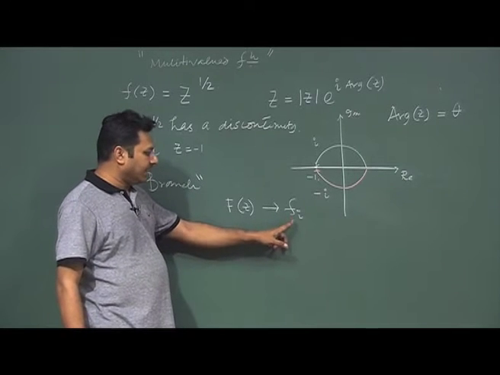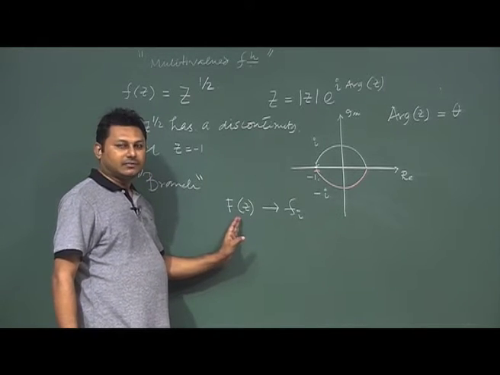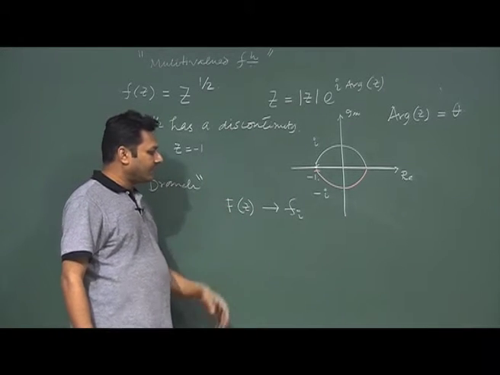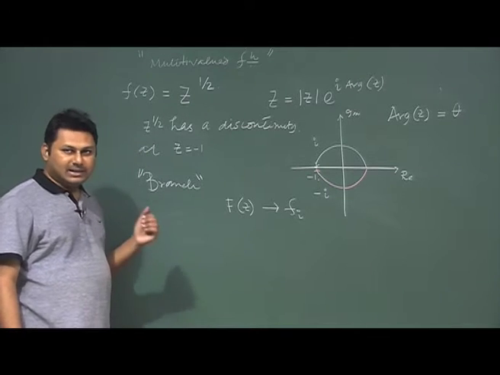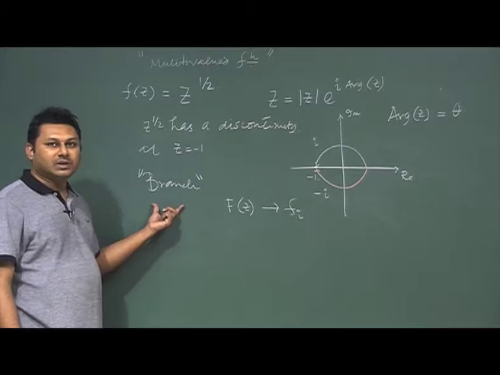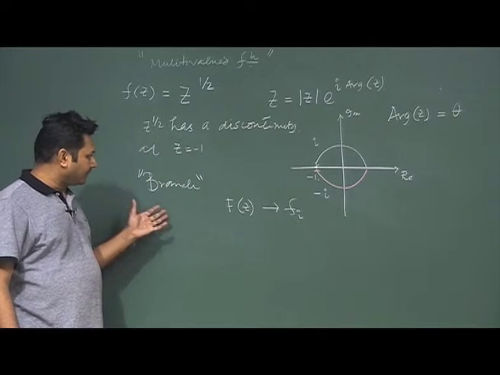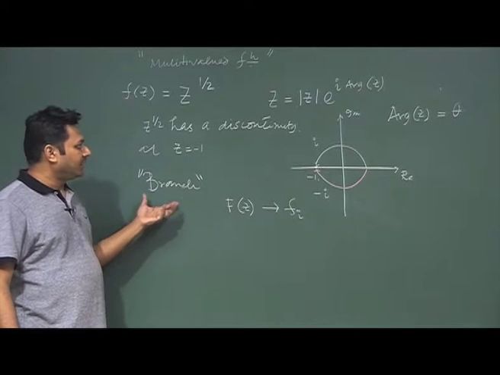Then we can say that f_i is a branch of this function. For different branches we will have different values, and if we cut at this discontinuity point, we will have something called a branch cut. So, this is entirely a subject where you need to spend more time.